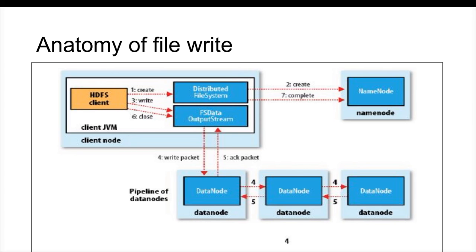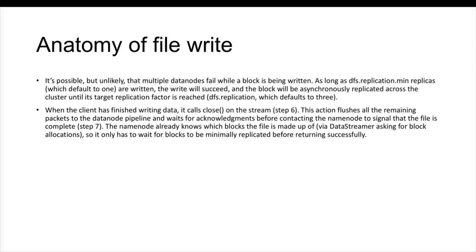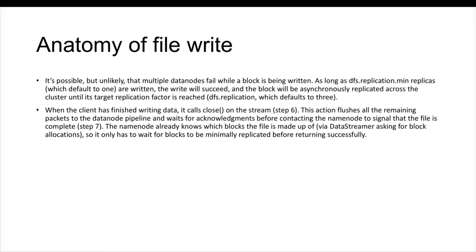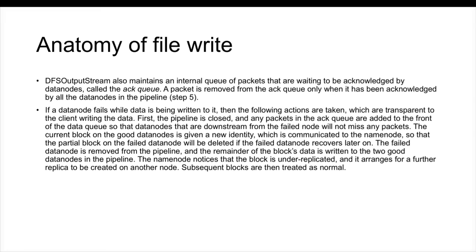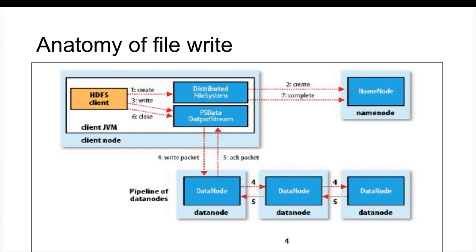Okay, and you also need to understand another important parameter called dfs.replication.min. The relevance of that parameter is that if you set dfs.replication.min as 2 and the replication factor is 3, the write of each block is only considered successful if there are at least 2 copies of each block.